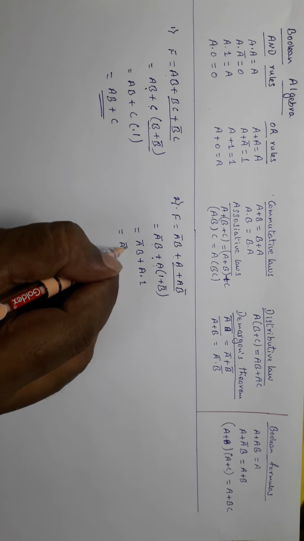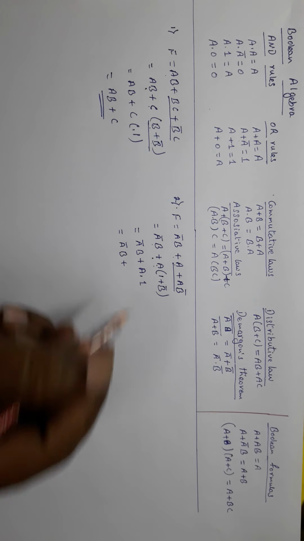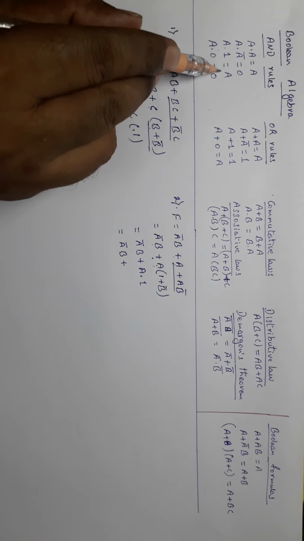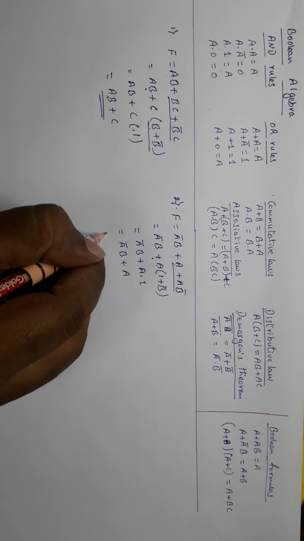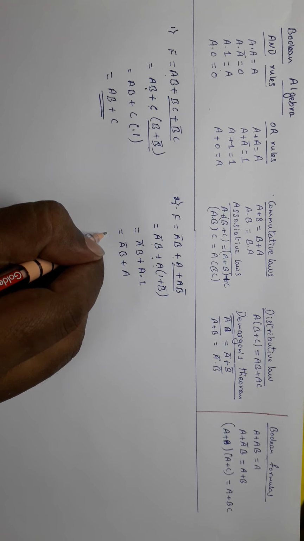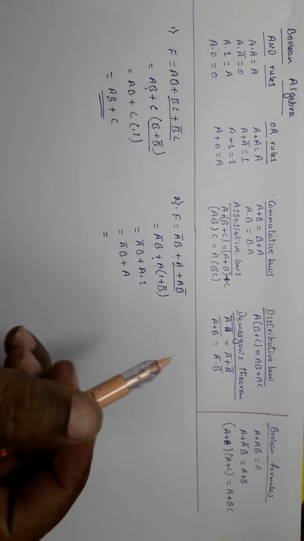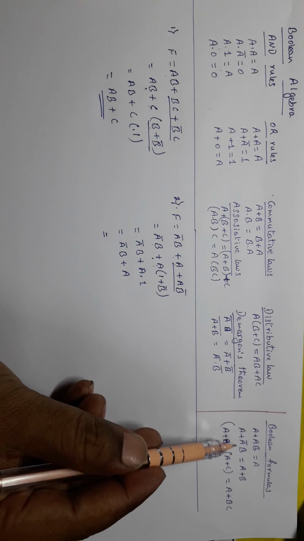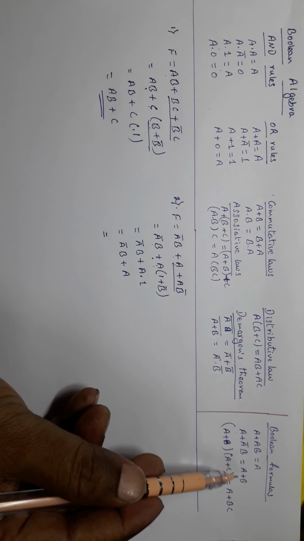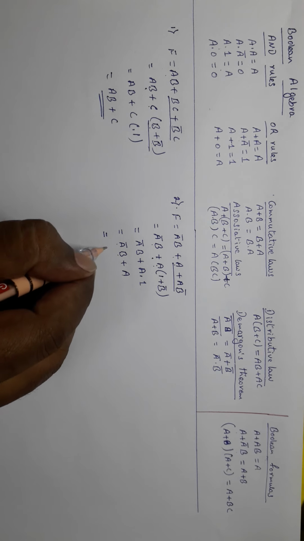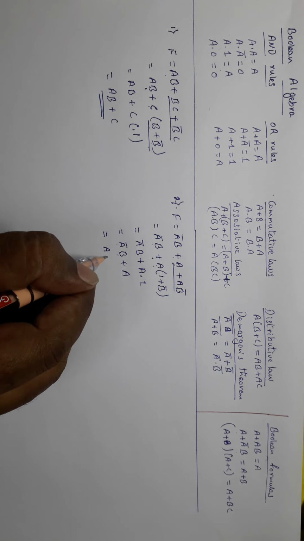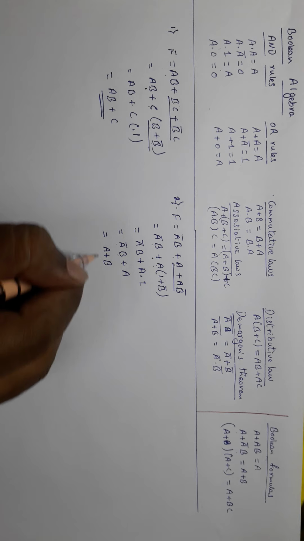So a complement into b plus a into 1 equals a, by using these and rules. So we know the second formula, a + a complement into b equals a + b. So a + a complement into b equals, we can write a + b.